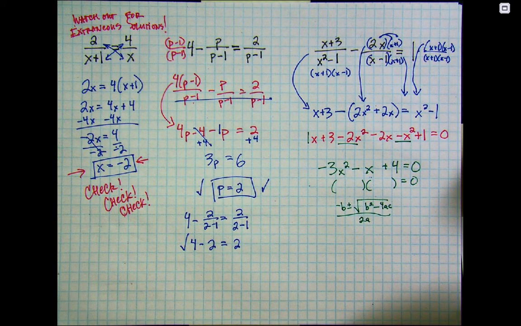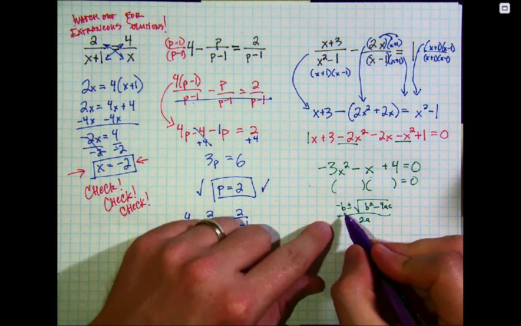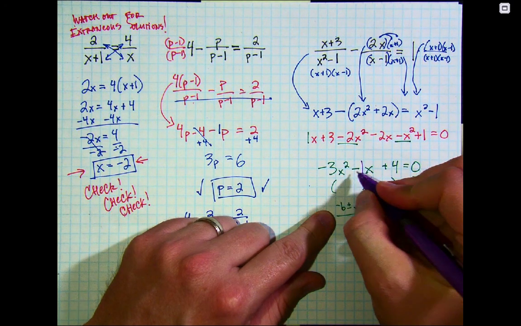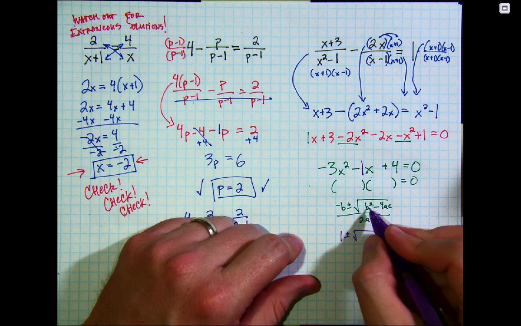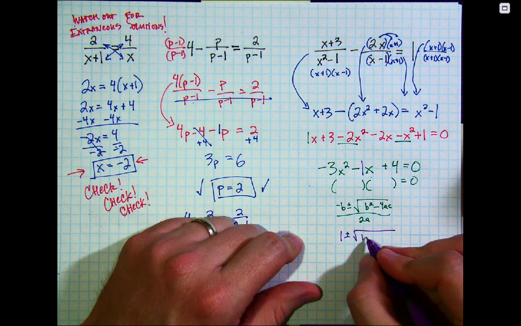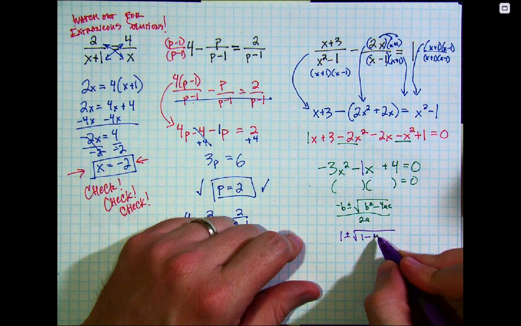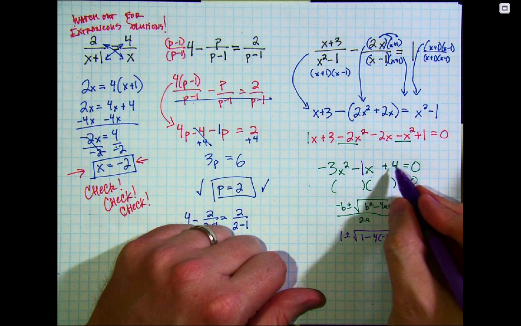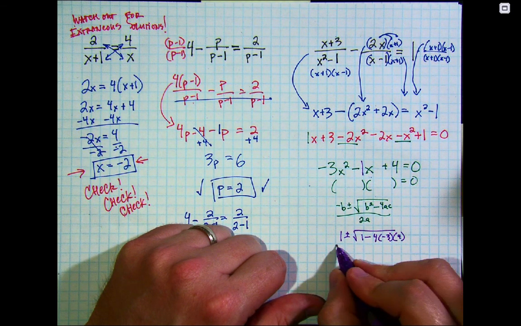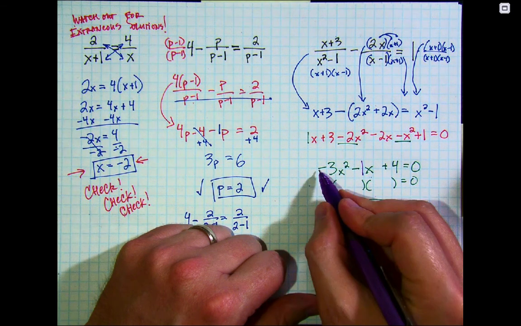Okay, so what's negative b? That's going to be negative negative 1, which is 1, plus or minus the square root of b squared, negative 1 times negative 1 is 1, minus 4 times a, which is negative 3, times c, which is 4. All of that over 2a, that's 2 times negative 3.